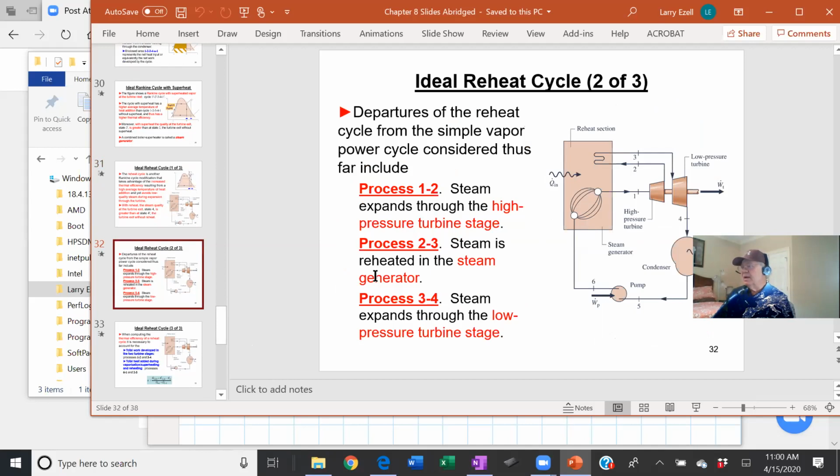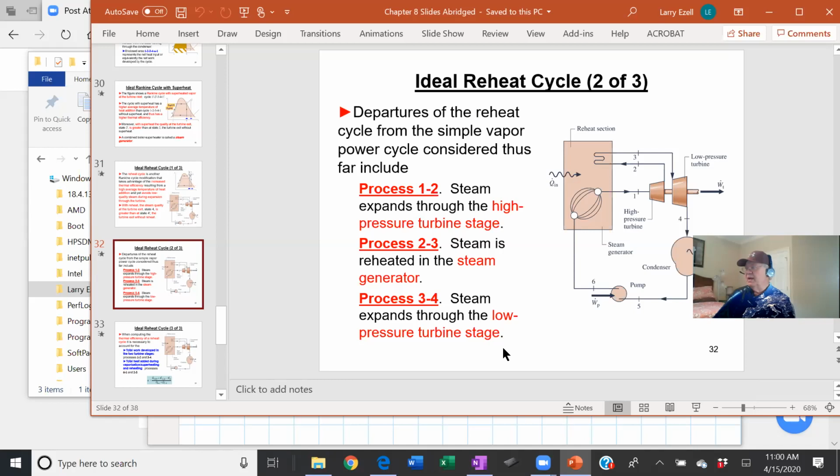So I just talked about the process: 1 to 2, steam expands through the high pressure turbine; process 2 to 3, you go back through the heater, they call it a reheat steam generator. It's usually in the same boiler, just a different physical part of it.